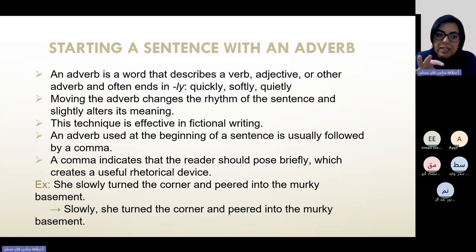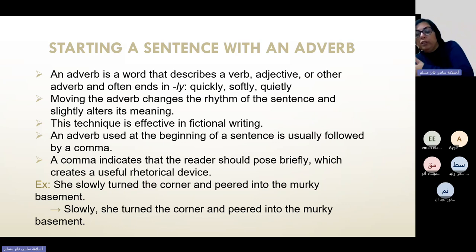So you see, it slightly alters the meaning of the sentence, because the first one focused on the speed of turning the corner, but the second one focused on the timing of turning the corner.